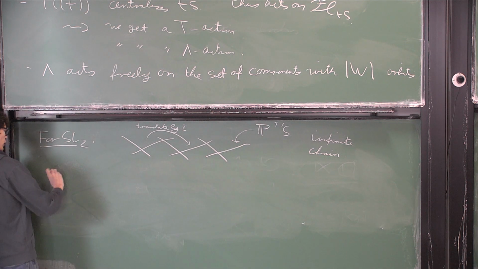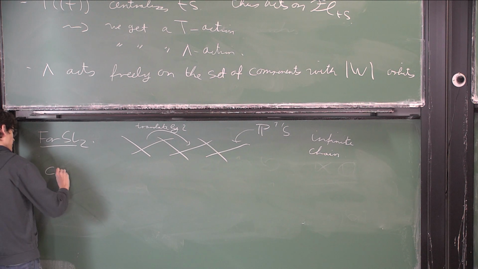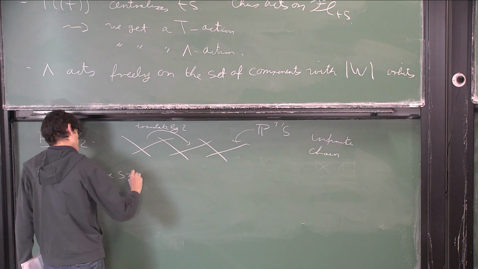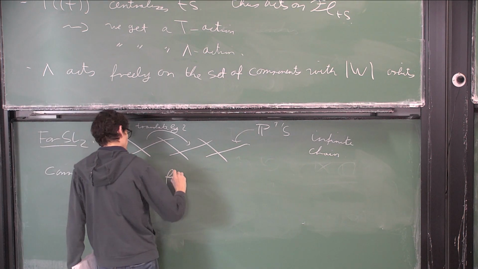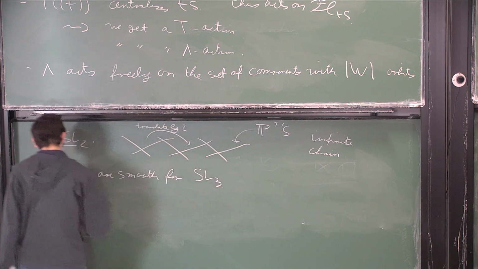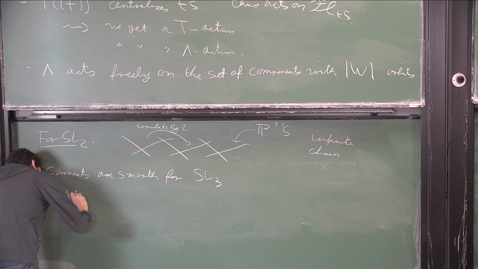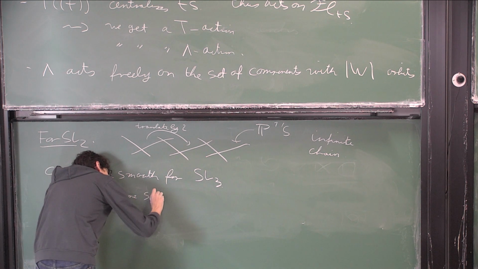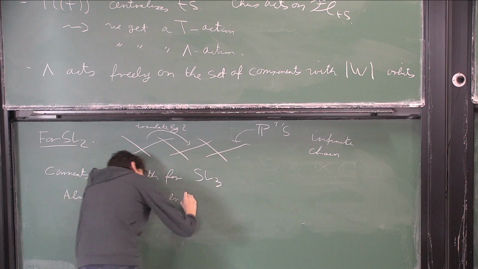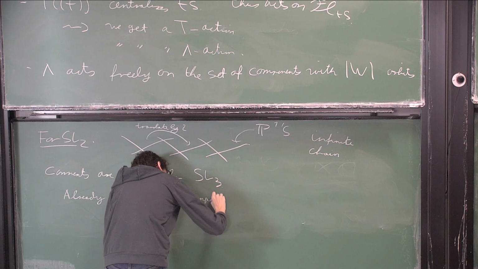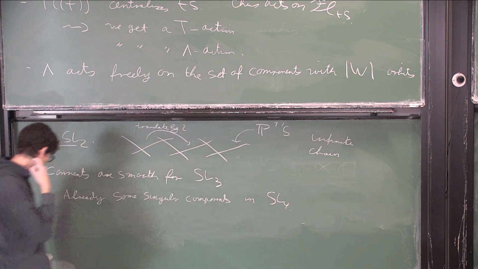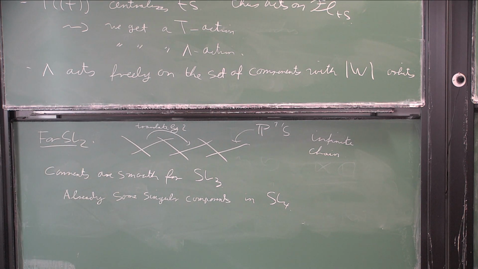Let me just say, the components are smooth for SL3, but there are already some singular components in SL4 and higher type A cases, and in B2 and any type B case.